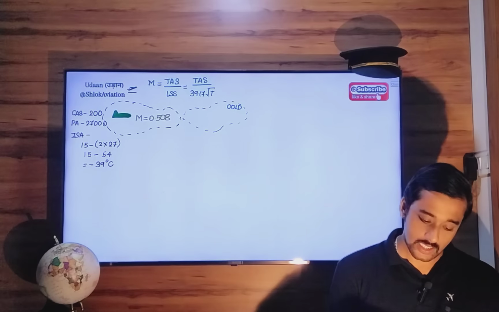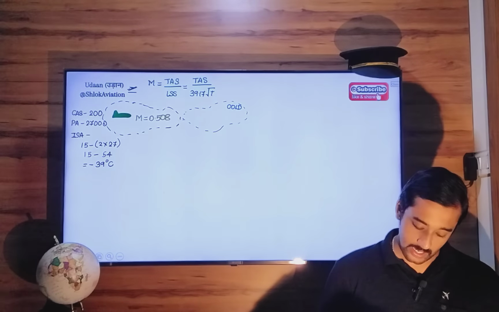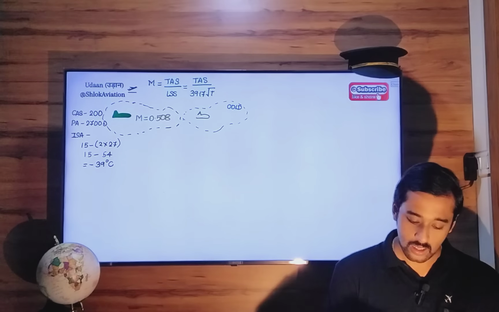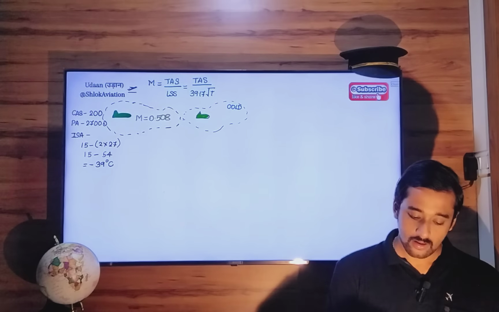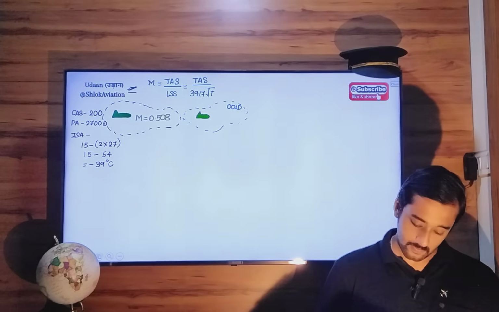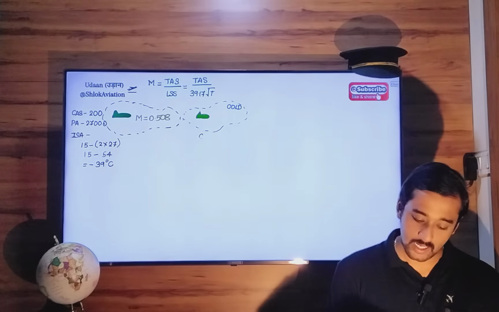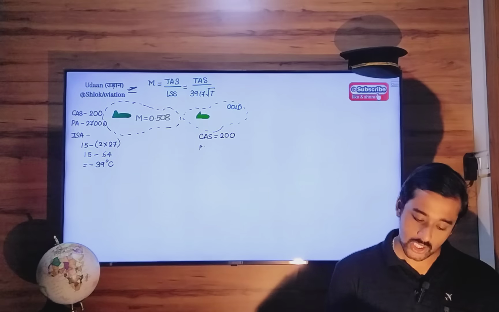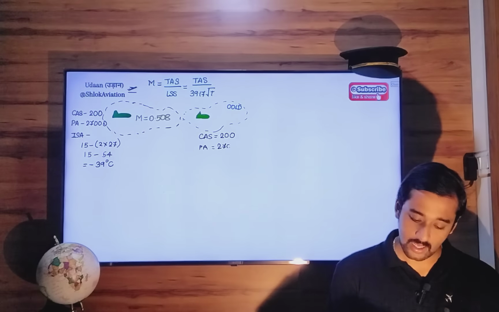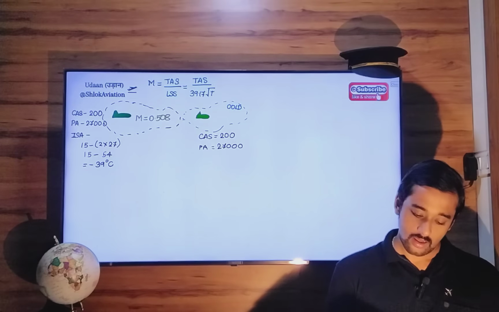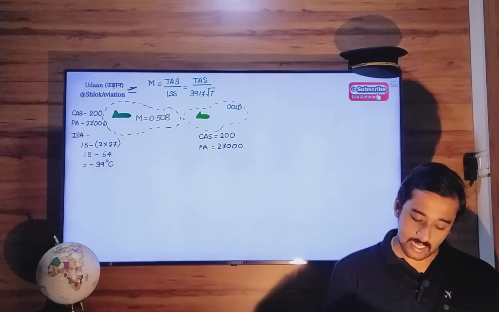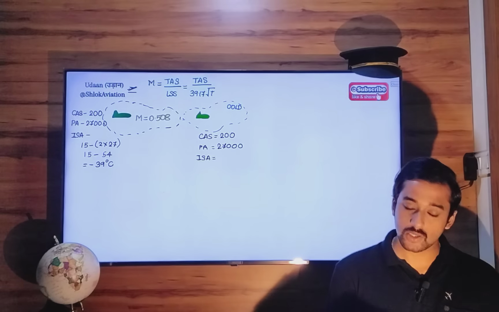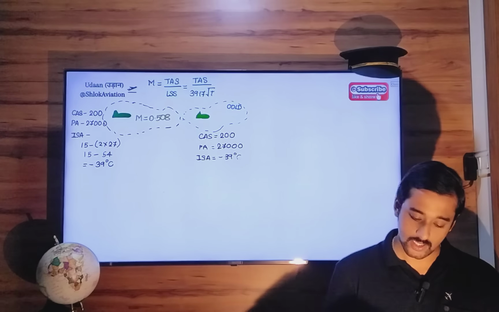Okay, it enters this cold air mass, and in this cold air mass, again, a few conditions remain the same, like calibrated airspeed is 200. We have considered it 200. Pressure altitude given in the question 27,000 feet again, and ISA temperature at 27,000 feet must be minus 39 degrees Celsius.